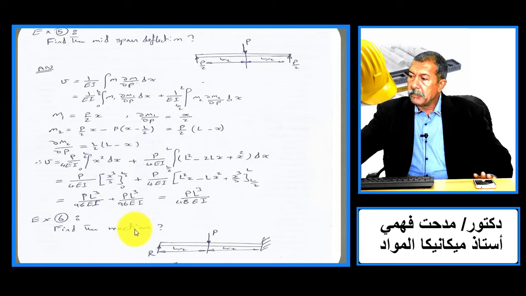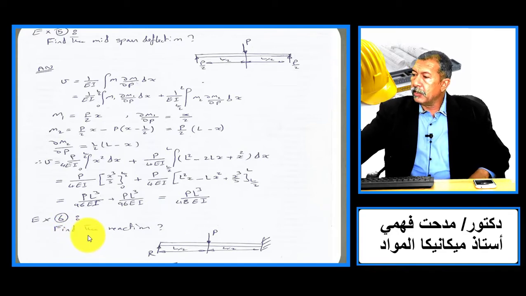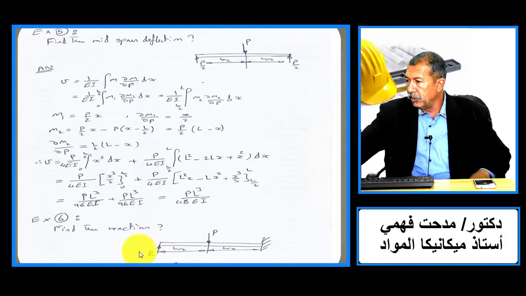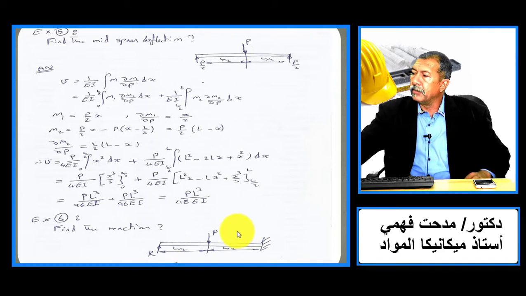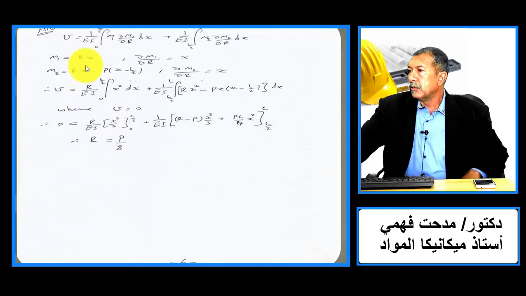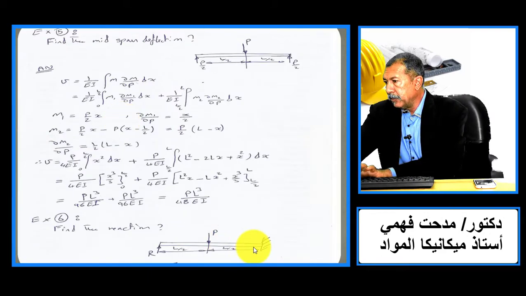If we move to another example, it is called here example 6, we are asked to find the reaction, أوجد الرياكشن، وهنا في drawings it's R. It is also a built-in beam on one side, has a force in the middle equal to P. As the same here, if we return to the drawing of the beam, it can be divided into sections.